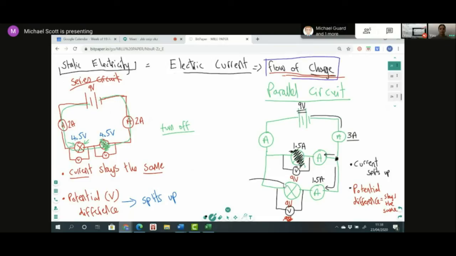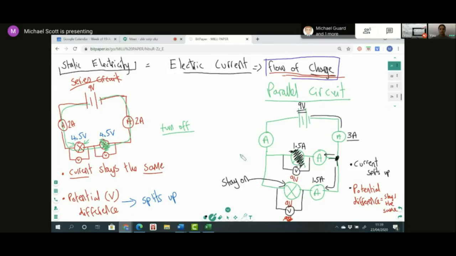And hopefully you guys have predicted that this light bulb here would stay on, because remember, the current splits up at this junction right here.